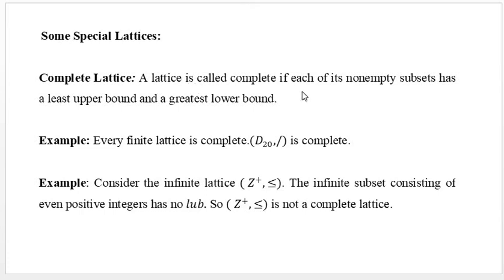A lattice is called complete if each of its non-empty subsets has a least upper bound and greatest lower bound. So we need to consider all possible subsets. For a lattice we consider only two-element subsets, but here we need to consider all possible non-empty subsets. If there exists a GLB and LUB for all of them, then we say that it is a complete lattice.